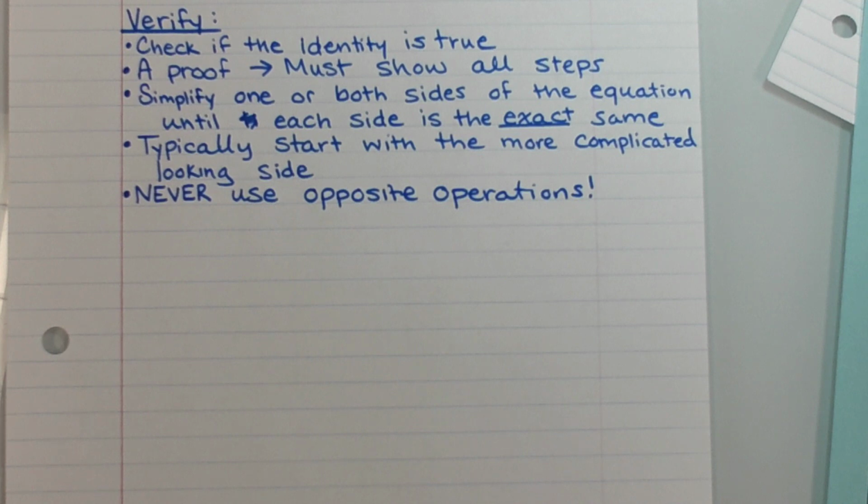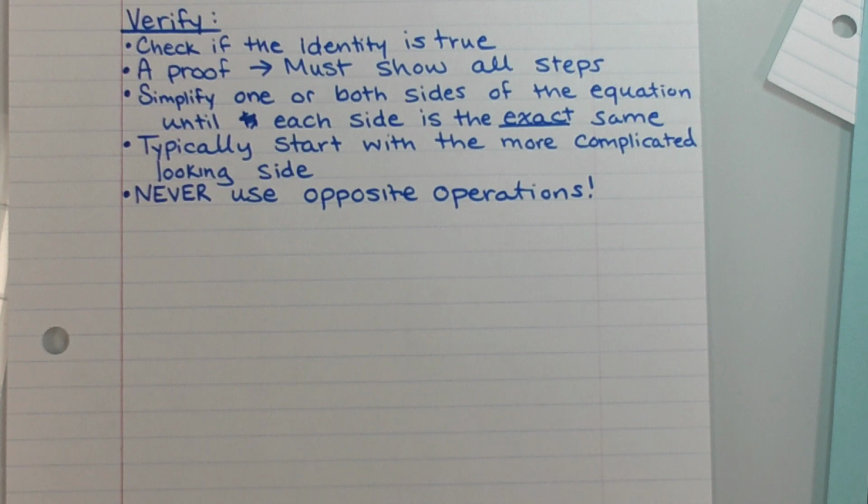Just like back in algebra, when you learned to plug something back in and simplify it down to see if you got the same thing on both sides of the equation, you weren't allowed to do opposite operations there, because opposite operations is what caused issues in the first place. That's what caused you to get extraneous solutions at times.